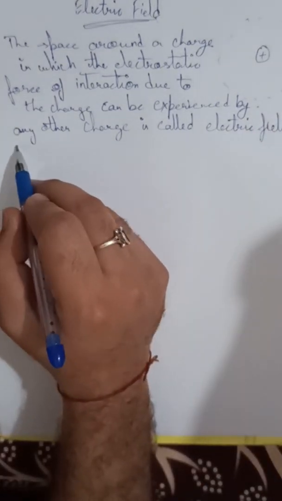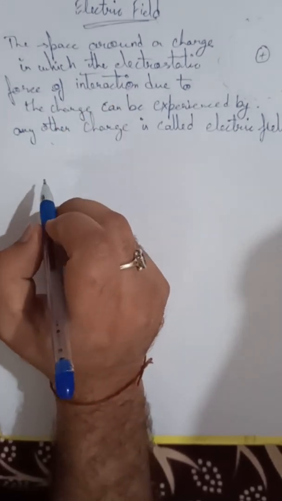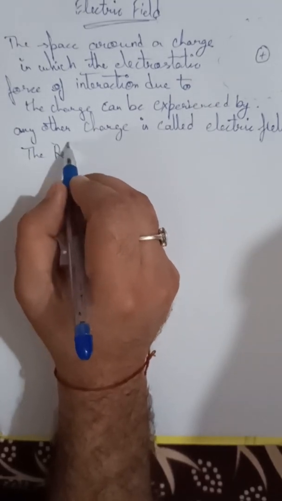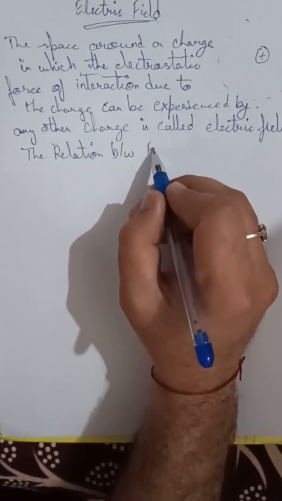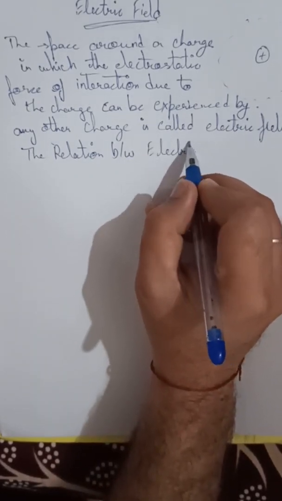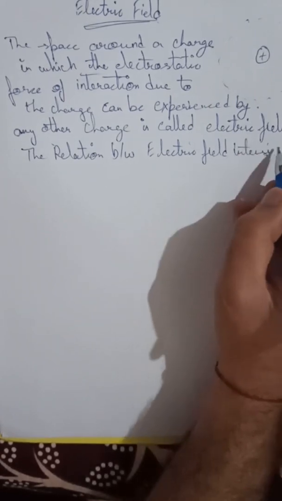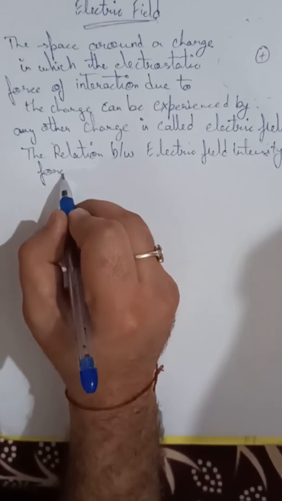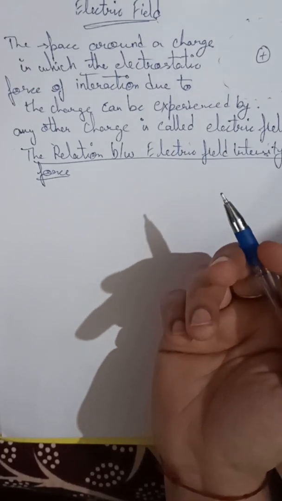And the strength of the electric field is called electric field intensity. So the relation between electric field intensity and force: let F be the force acting on test charge Q0.